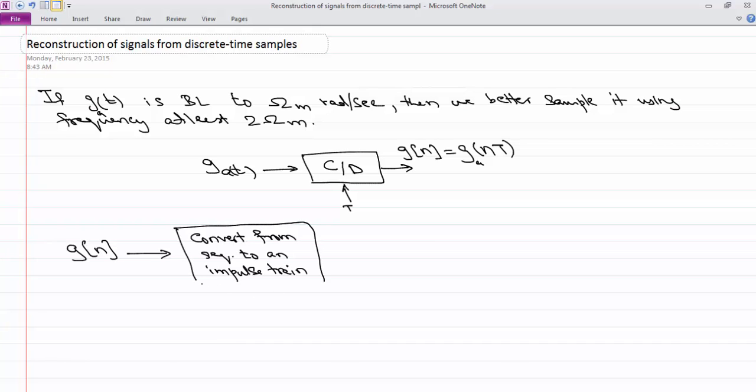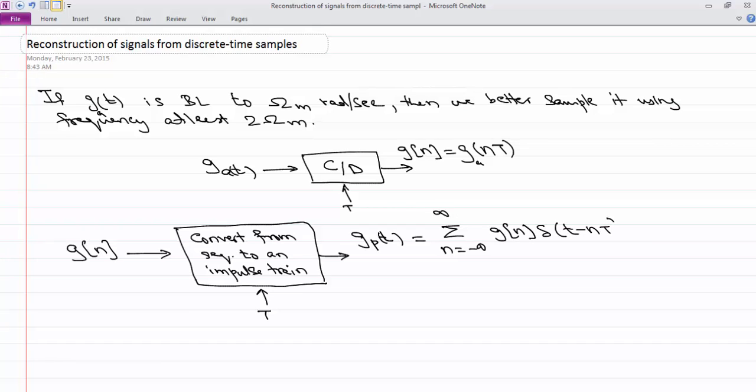In the sampling lecture, we talked about how the conversion between the impulse sampled signal and the sequence is mathematically an operation that doesn't lose any information. So given time period t, you use g[n] to construct g_p(t), which is given by the sum of g[n] delta(t minus nt).